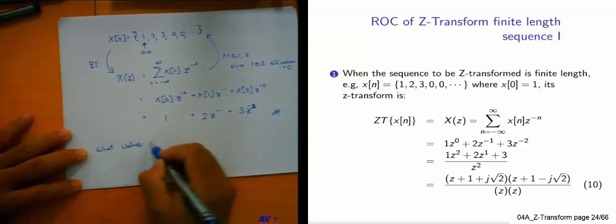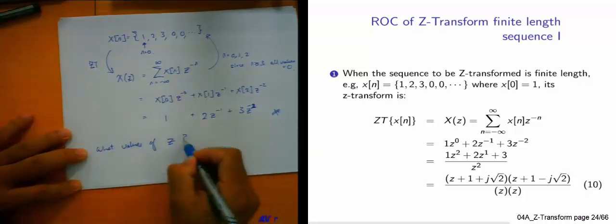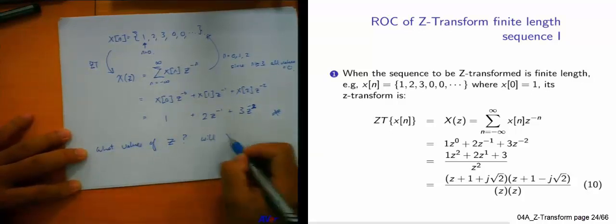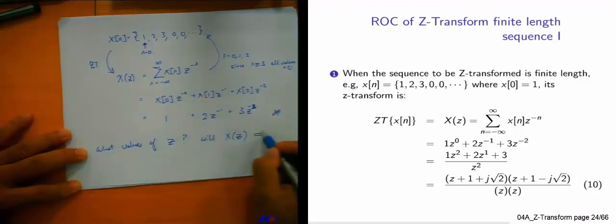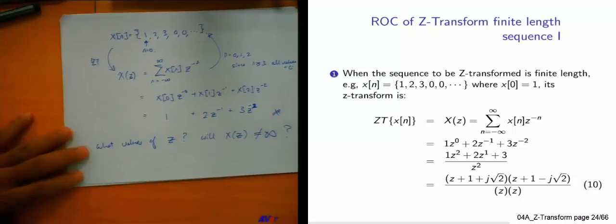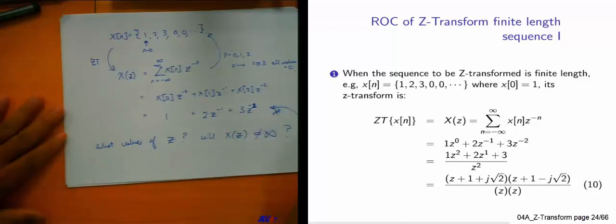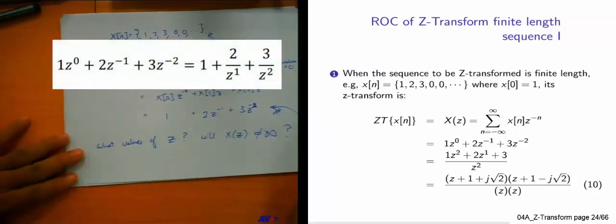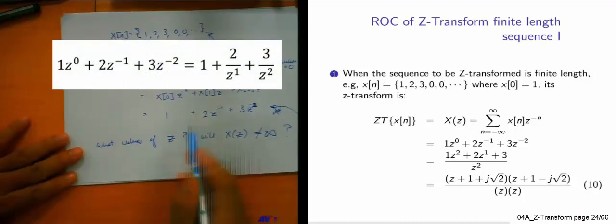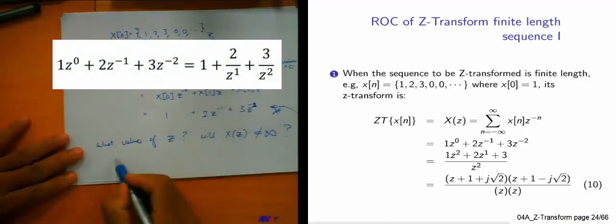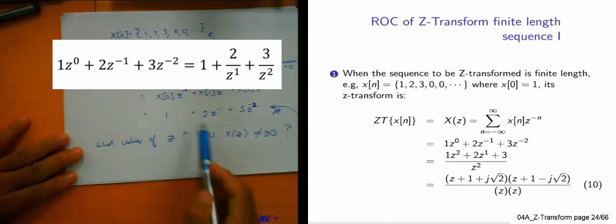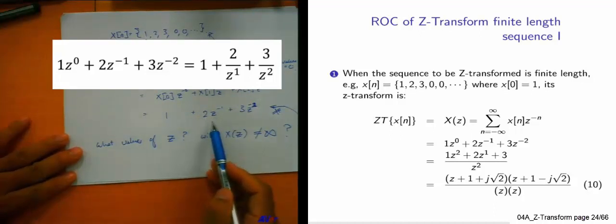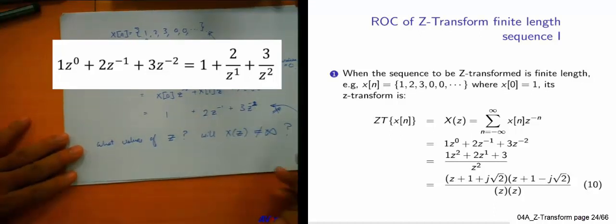So let me ask you, what values of z will make X(z) not equal to infinity? Which values of z that I substitute into this equation will make it not infinity? If I substitute z equals 1, what will happen? 1 plus 2 over 1 plus 3 over 1. Is it infinity?